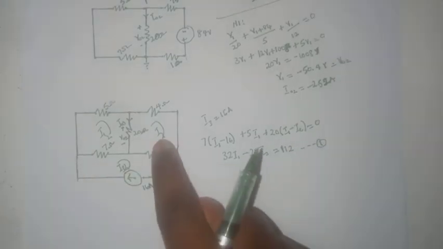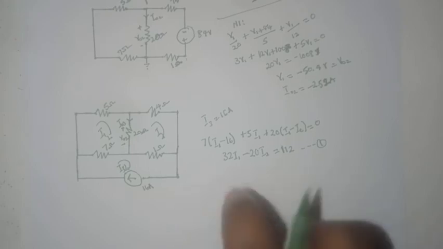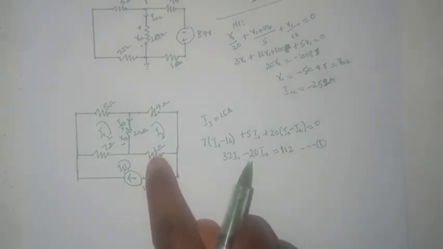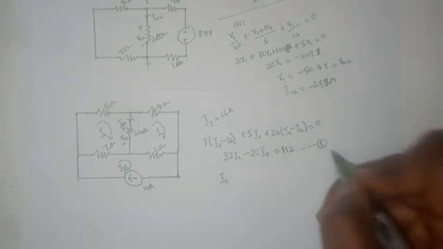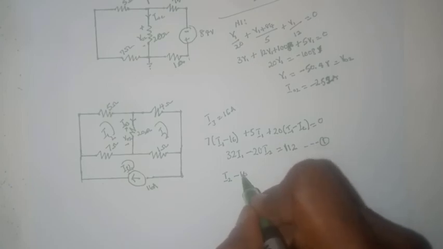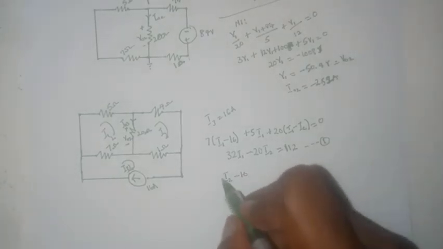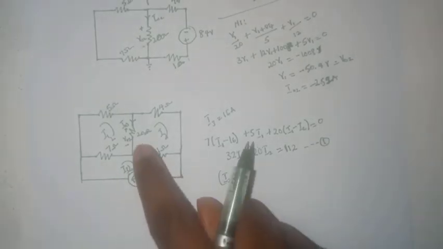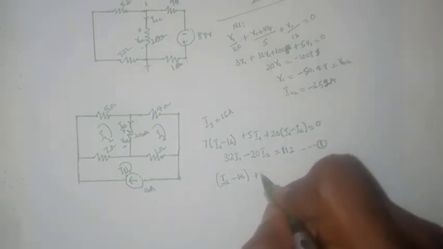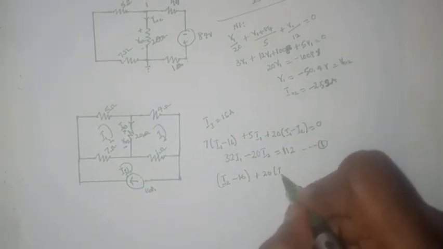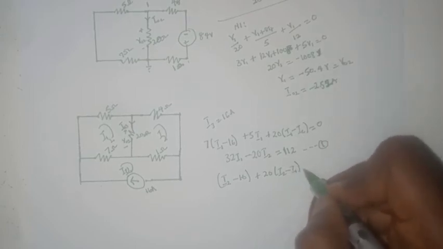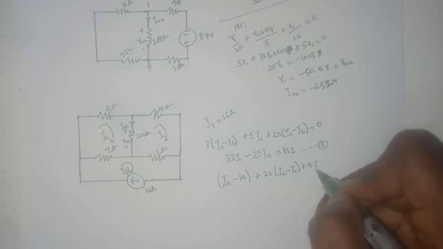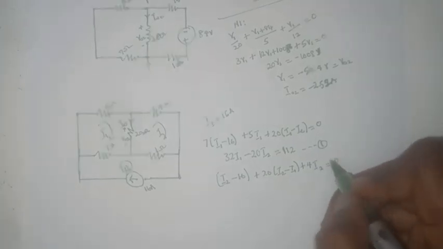We can then proceed to the second mesh. If we write the equation in the second mesh, we have 1 times (I2 minus 16), plus 20 times (I2 minus I1), plus 4 I2, all equals 0.